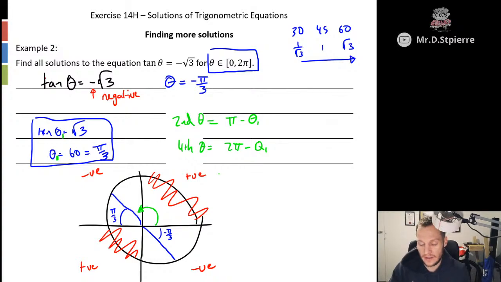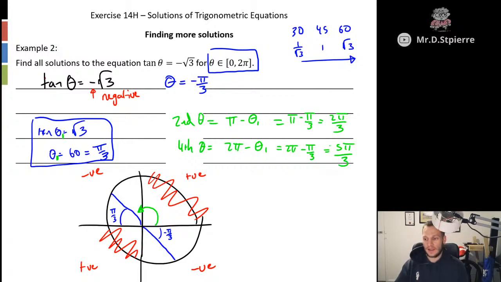Those are those symmetry identities, just rewritten a little bit from a previous exercise. So that means our angle in the second quadrant will be pi minus pi on 3, which happens to be 2 pi on 3. And then the fourth quadrant is equal to 2 pi minus pi on 3, which is going to be 5 pi on 3. And they are my two solutions that work for that domain.